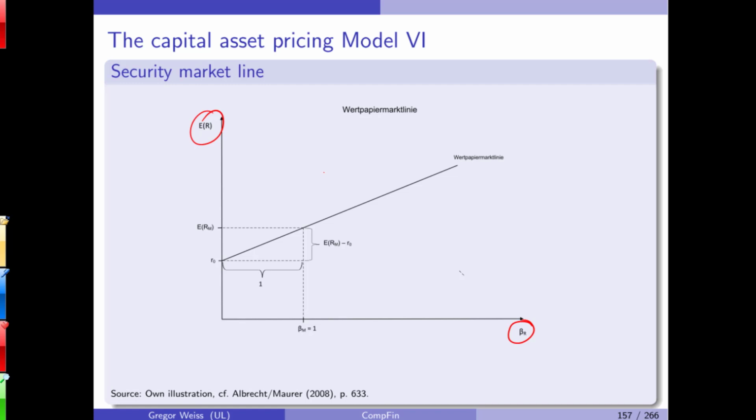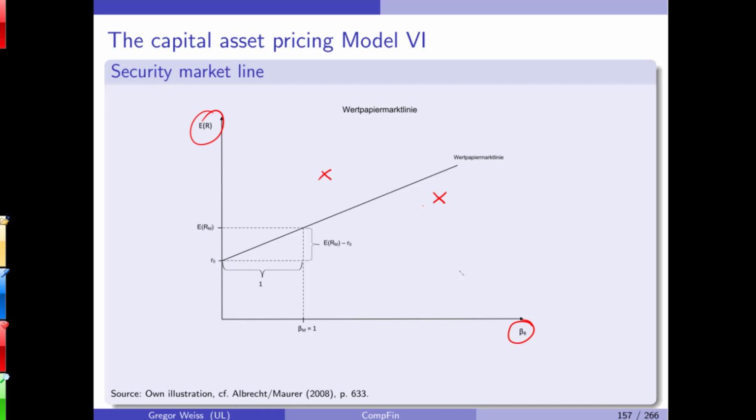The interesting idea now here is, if you take any investment, any security in the market, and if you think that it is here or here, this means that it is over or underpriced. The price and the expected return is too high or too low for the stock to be efficient. And if the market is efficient, the price should go up or down.